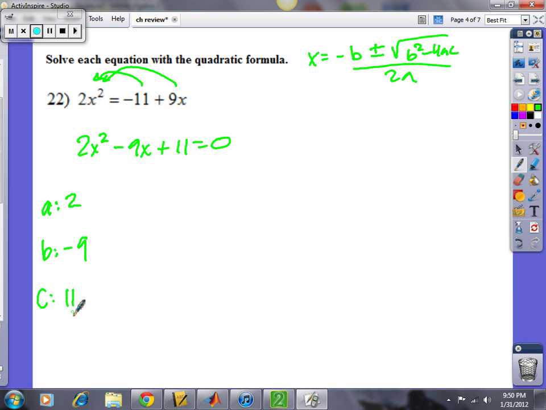So it's going to be x equals negative b, negative 9, plus or minus the square root of b squared, that's 81, minus 4 times 2, that's 8, times c, 8 times 11, that's 88, all divided by 2 times a. 2 times 2, that's 4.